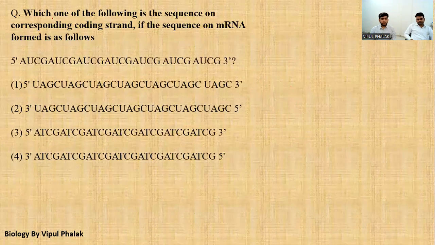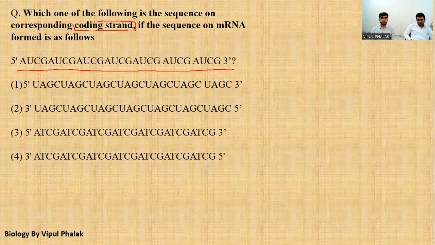Now we have given, which one of the following is the sequence of corresponding coding strand if the sequence of mRNA is as follows. So we have given the sequence of mRNA. You have to pay attention towards this word, for which strand they have asked. You have to remember that mRNA is synthesized by considering the template strand.